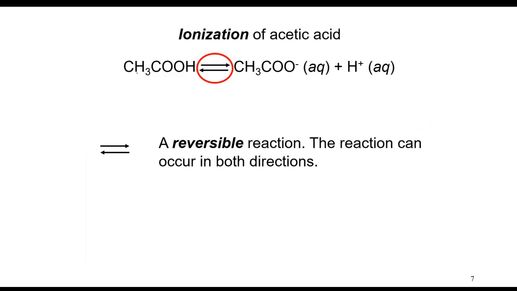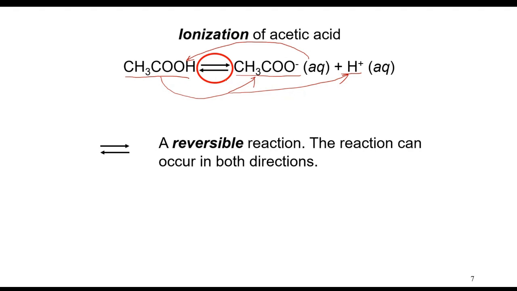What happens when you dissolve acetic acid in water? It changes to a negative ion and a positive ion. But after some time, this negative ion again attaches with this positive ion and both become acetic acid again. So this is a reversible process.